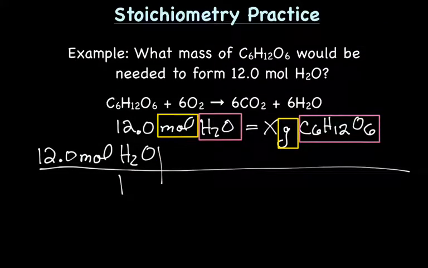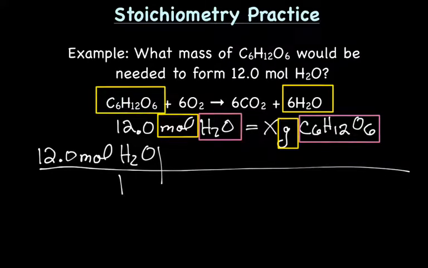So we have 6 mole of H2O, and 1 mole of C6H12O6. On the bottom is going to go our H2O because we want to cross that out.